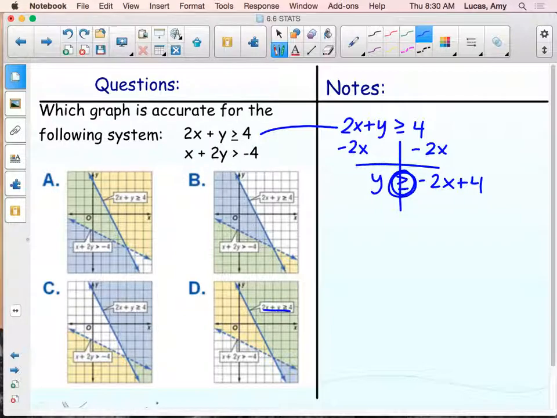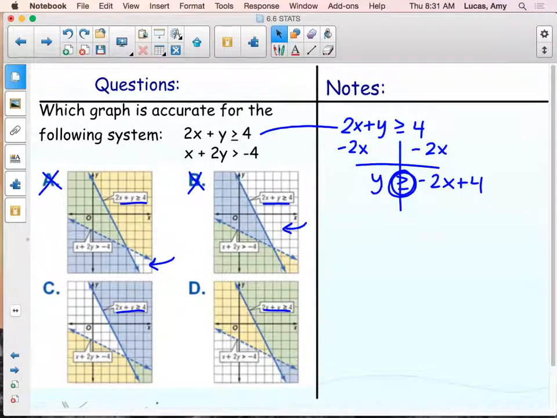So I see this equation, and I see that the line has been graphed in the same spot on all of these, A, B, C, and D, but it has to be a solid line and shaded above. I know that A is not shaded above because there's this piece right here that's not shaded at all, so that's not correct. This piece is not shaded either, so B is incorrect. So it has to be C or D.